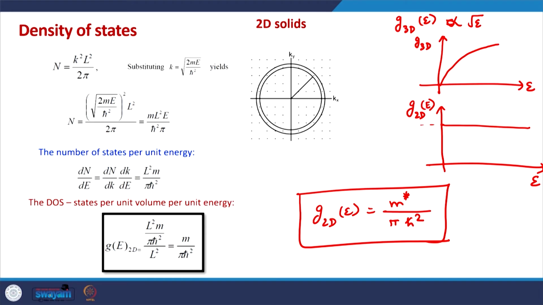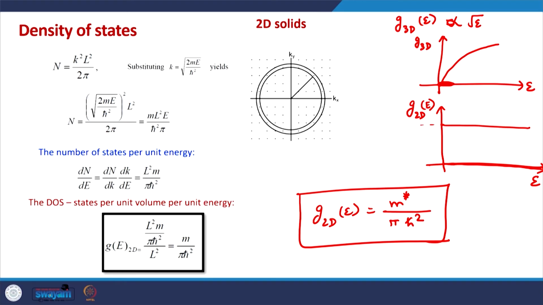And this is an interesting difference between 3D materials and 2D materials, between a 3D channel and a 2D channel. In 3D channels at low energy values, the density of states or number of allowed electronic states is very less. But in a 2D channel, the density of states or number of allowed electronic states that can exist in a material is the same irrespective of the energy, basically the same for all energy values.